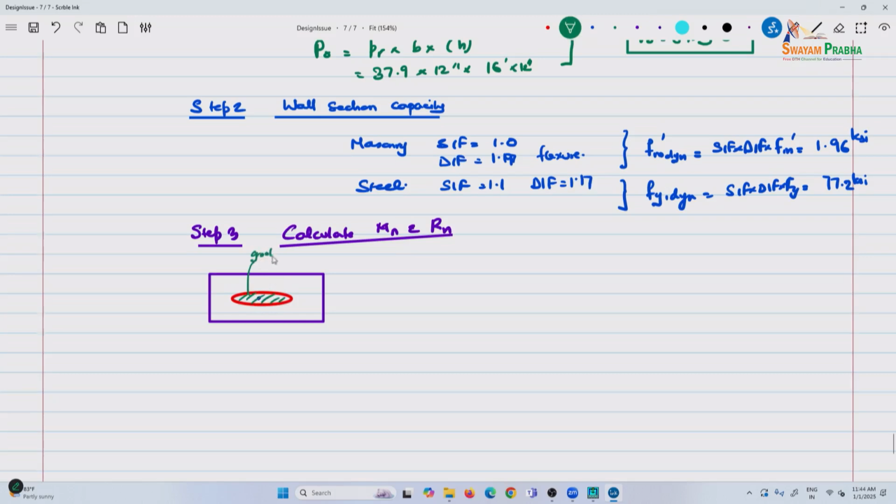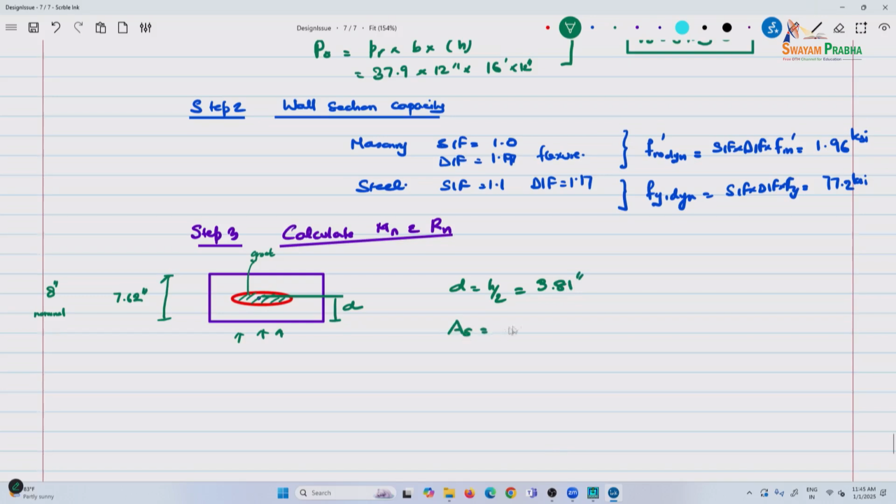Grout properties are not quite considered. This is 8-inch nominal, but the design is only 7.62 inches, and the D here is considered from here to here if the wall pressures are applied this way. So, the D is right down the middle, so D is nothing but h by 2, which is 3.81 inches.